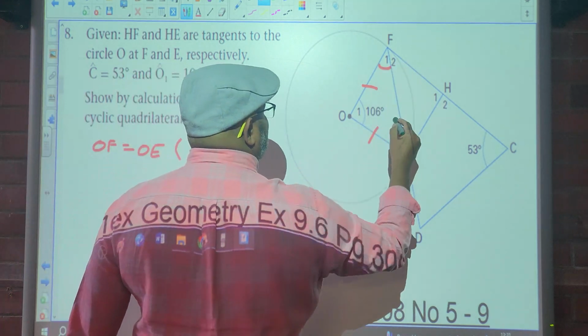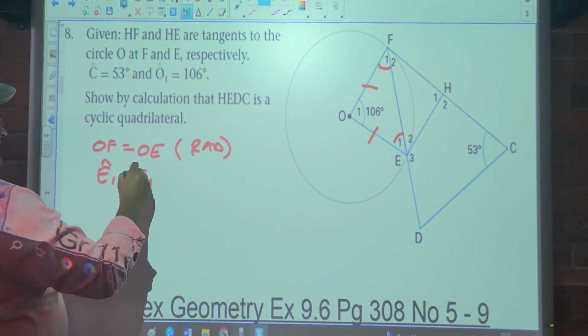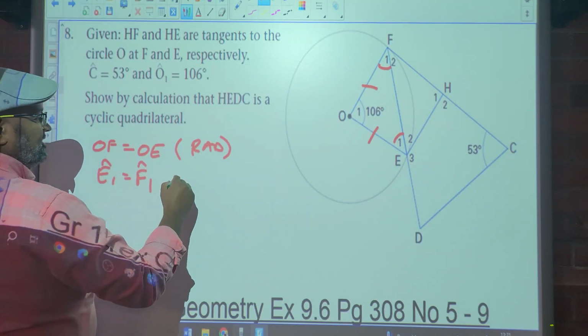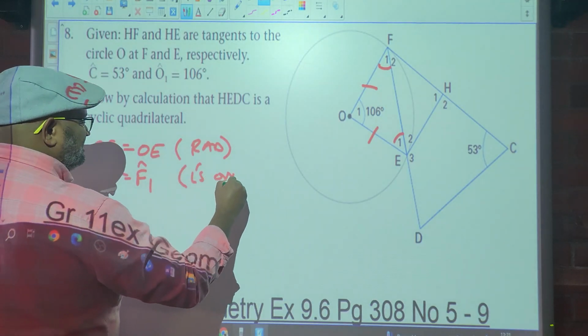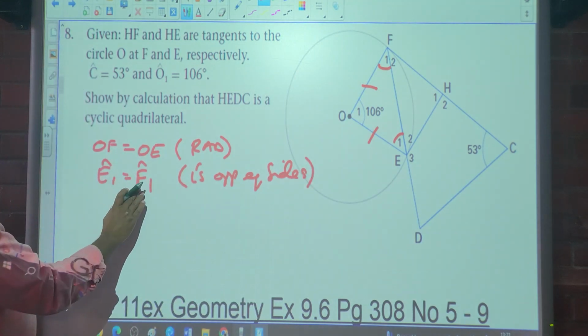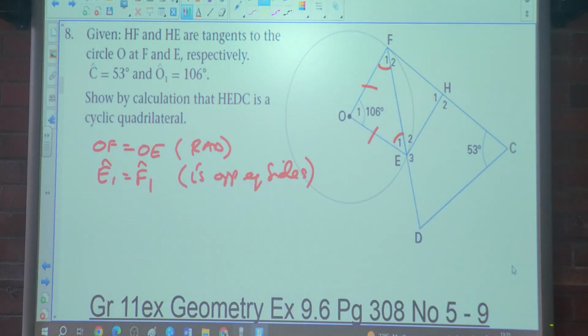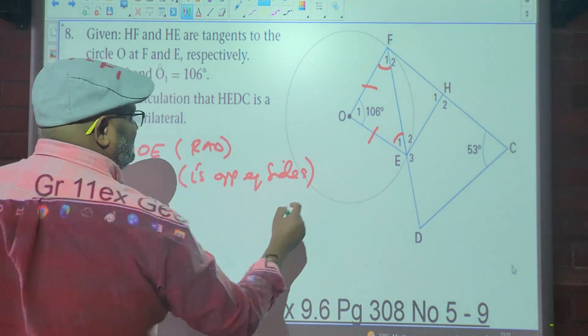Now, angle F1 is equal to E1. Why? Angles opposite equal sides. Or you could have just written E1 is equal to F1, angles opposite equal sides, radius, radius. Then I didn't need to write that. Now we're interested in E1.